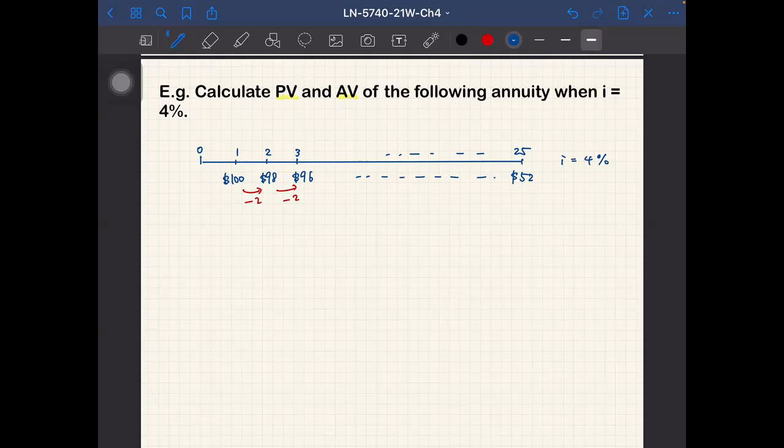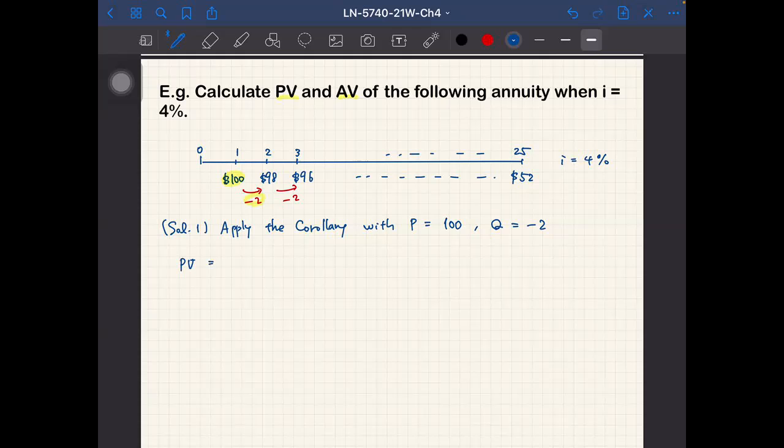Then the solution. We derived the theorem, but we don't use it, and we directly apply the corollary. This time P is 100 and Q is -2. Then what is the present value?